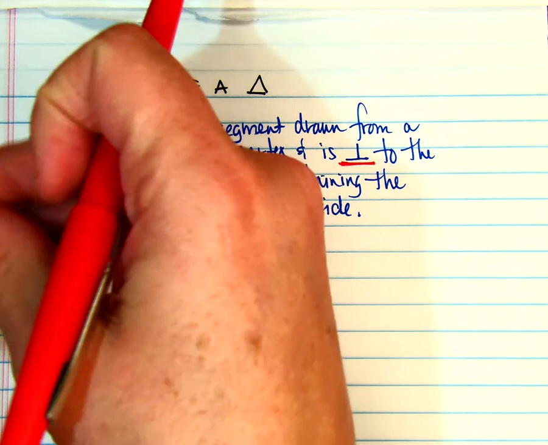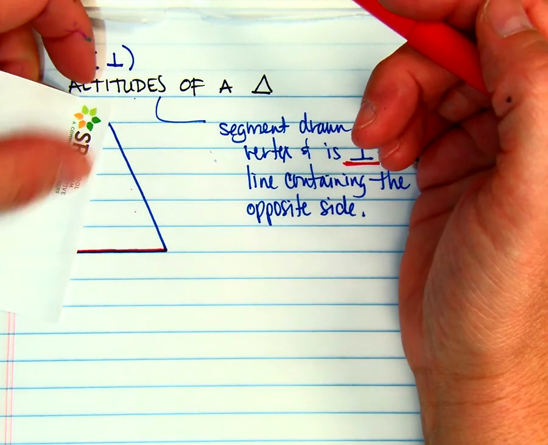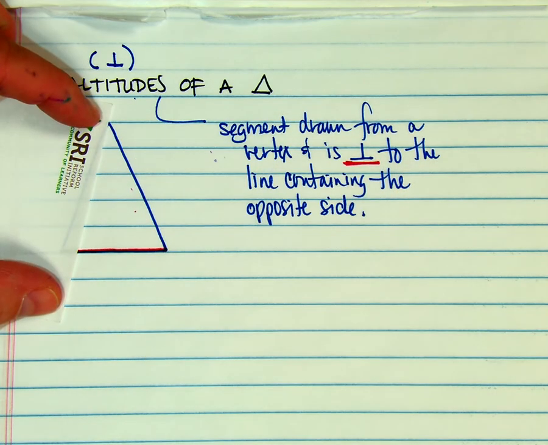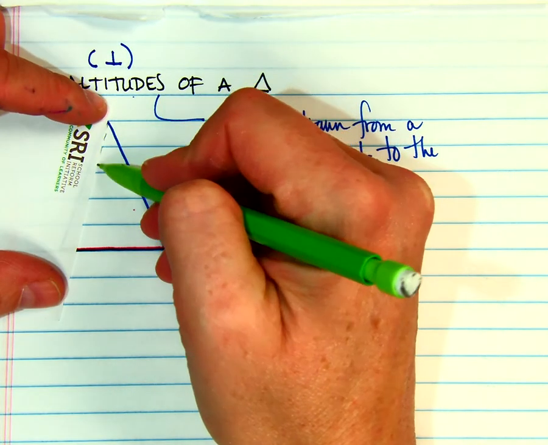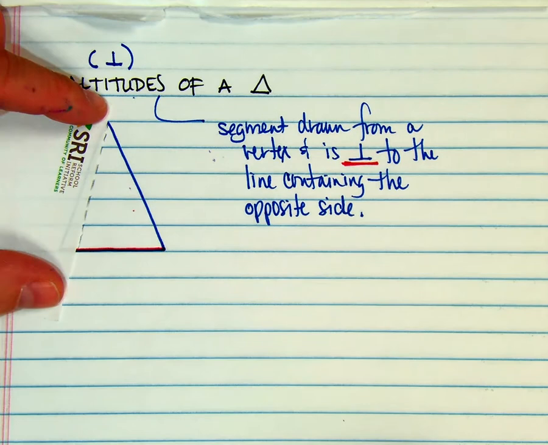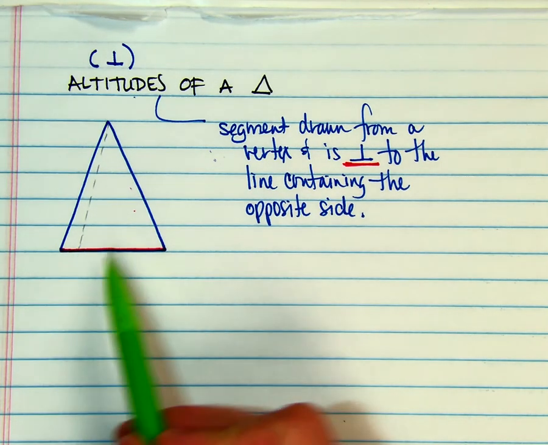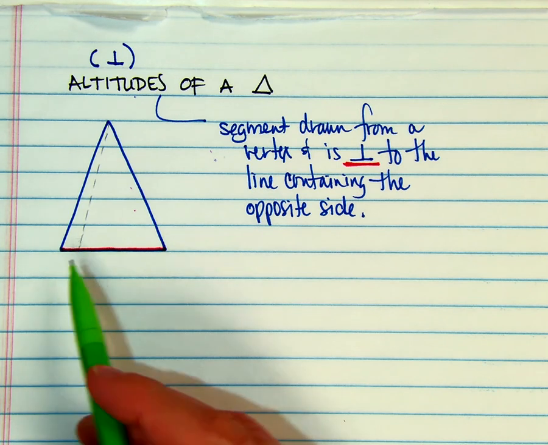So if I go from this vertex, don't draw this in, okay? Don't draw this in. I'm just trying to prove a point. So if I go to the vertex to a point on the opposite side, yeah, I have a point here, but this has to be creating a right angle, and it definitely does not.